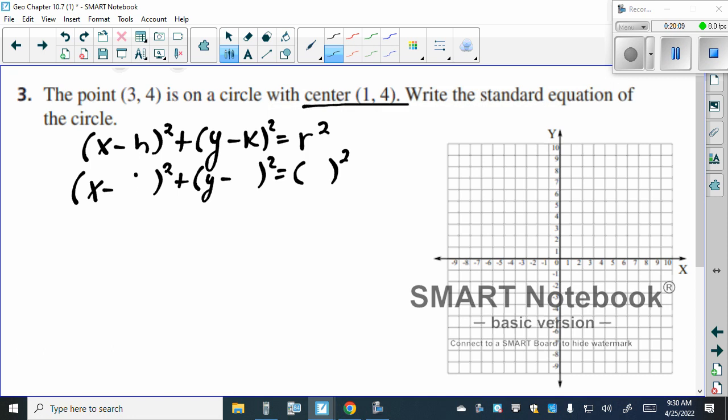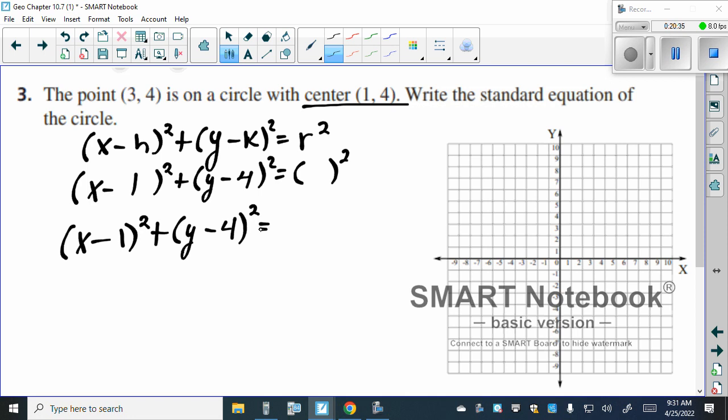So 1 is h, 4 is k. And at this point, that's as simplified as it gets. We don't have any double negatives. We're not subtracting a negative, so that's not going to change. So we can just say x minus 1 squared plus y minus 4 squared equals blank. Because the only thing we really need is the value of r.